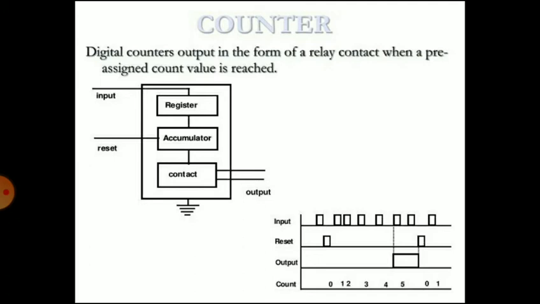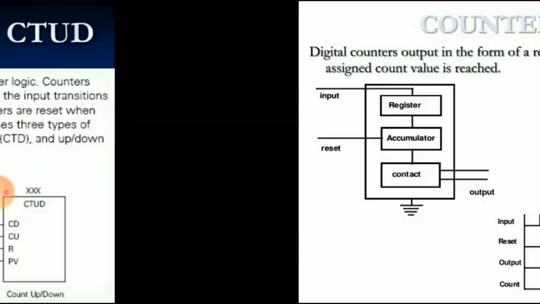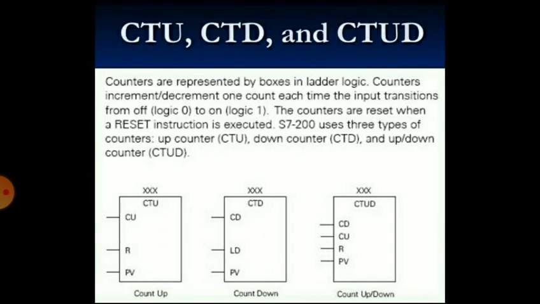So the different elements of a counter are given. Digital counters output in the form of a relay contact when the pre-assigned count value is reached. The different elements are register, accumulator, contacts, input and output, and the reset. The counters are represented by boxes in ladder logic. Counters increment or decrement one count each time the input transitions from off, that is logic 0, to on, that is logic 1.